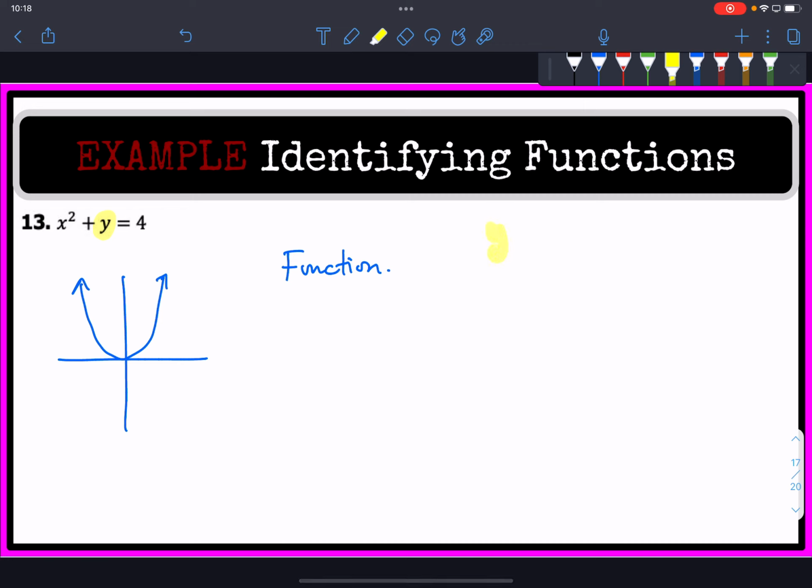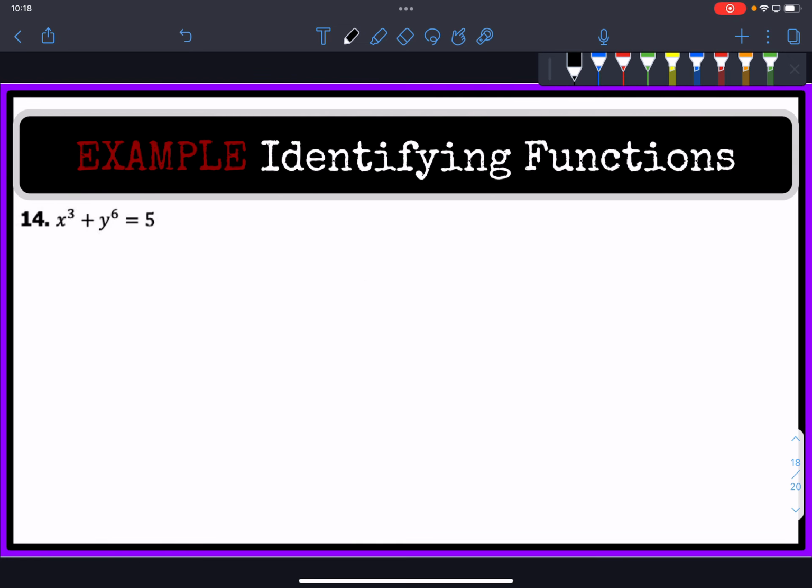If the exponent of y is an odd number, like this example right here where this number is 1, then that equation is going to be a function. However, if the exponent on our y term is an even power, like the one right here, 6, then this equation will graph something that is not a function.